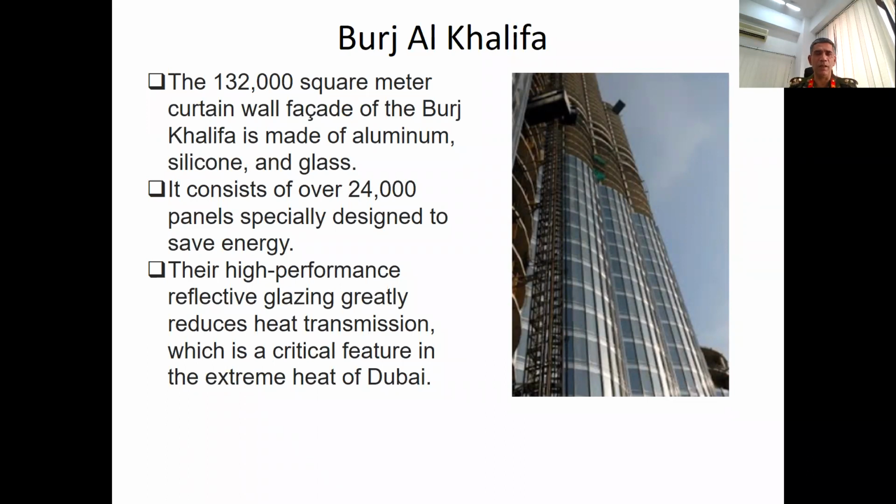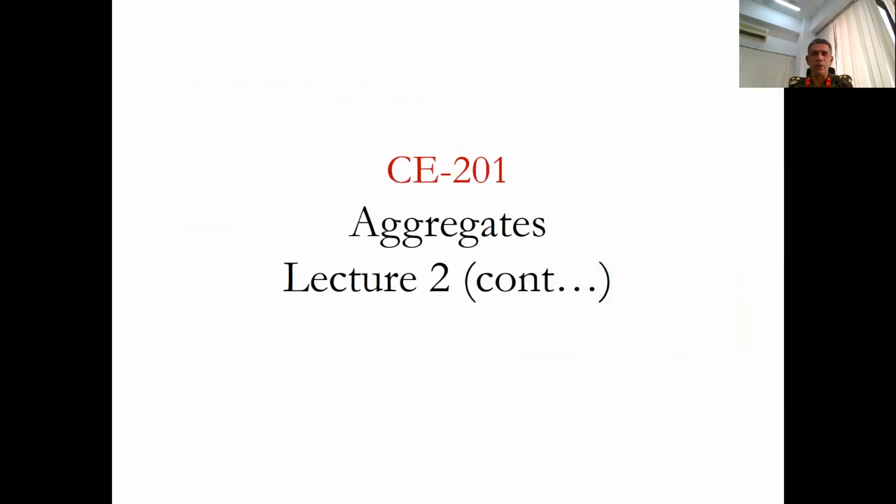Concrete is a composite material made of sand, cement, water, then stone chips or brick chips. In Burj Khalifa, for the facade, they used aluminum, silicon, and glass. So these are the 5 or 6 types of engineering materials that were used. Today we'll be concentrating basically on aggregates, okay?